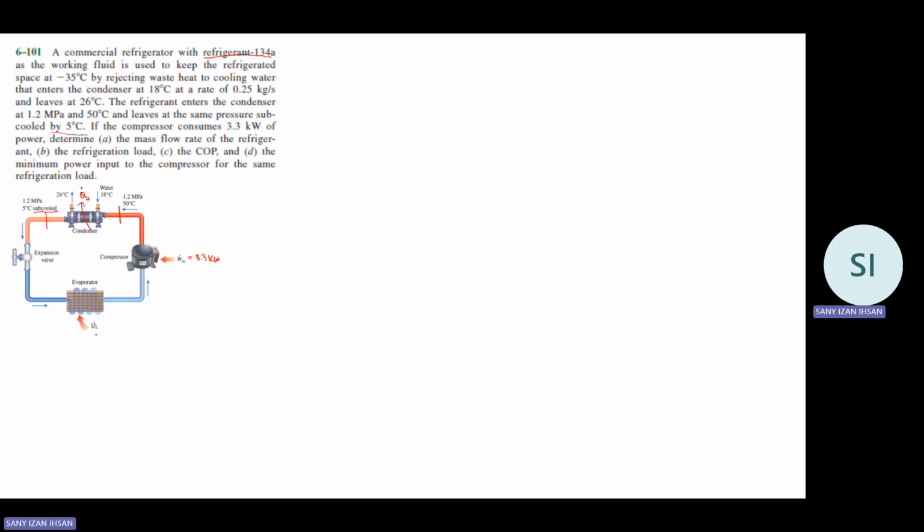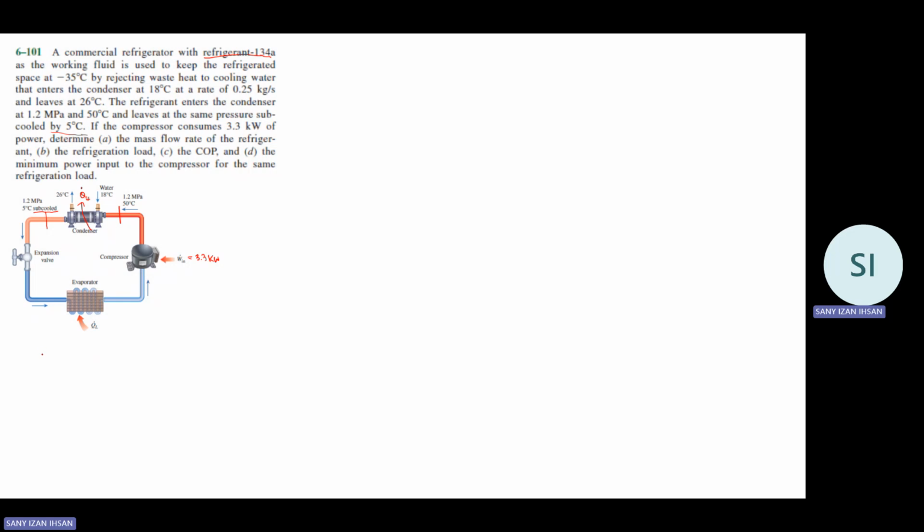We have QL dot here, taken from the refrigerated space, and then you throw out the heat in the condenser to the cooling water. So the cooling water is being heated up, taking the heat from our system. So there is an exchange of heat from the working fluid, refrigerant 134A, to the water, basically.